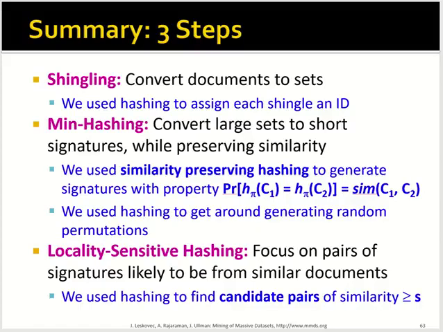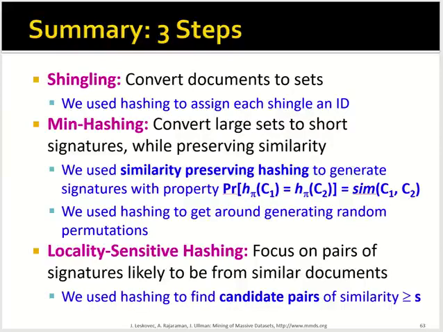So, a small conclusion regarding the 3 steps of locality sensitive hashing. The first step is shingling, which turns the documents into string sets. Here we use a hashing function to assign each shingle an ID. In the second step, min hashing was implemented to convert large string sets to short signatures, which has been presented in the previous slides.